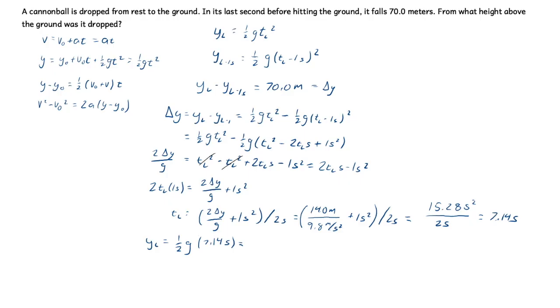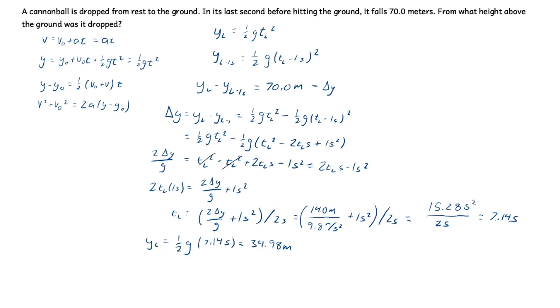And I get 35 meters, which is not at all what we got before. What we got before was much, much bigger. So what went wrong here? Well, I'll tell us what went wrong here. I didn't square it. That will do it.